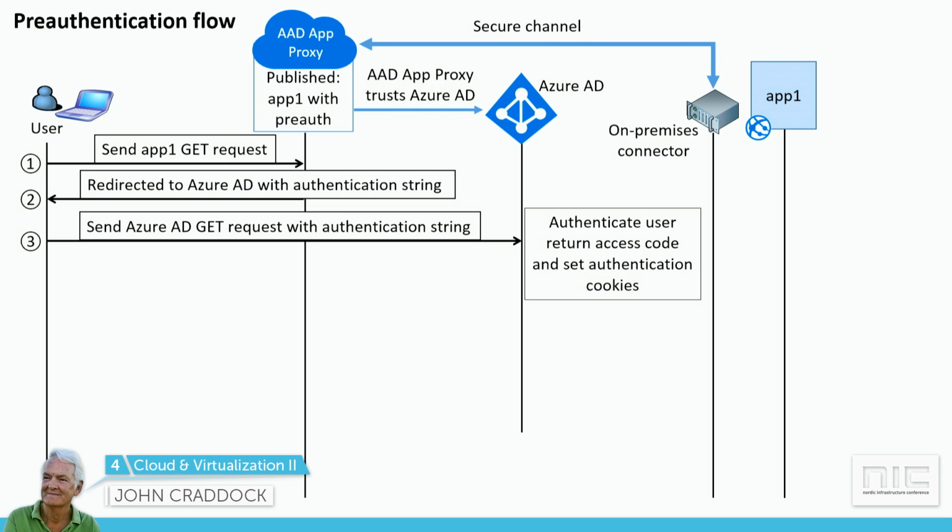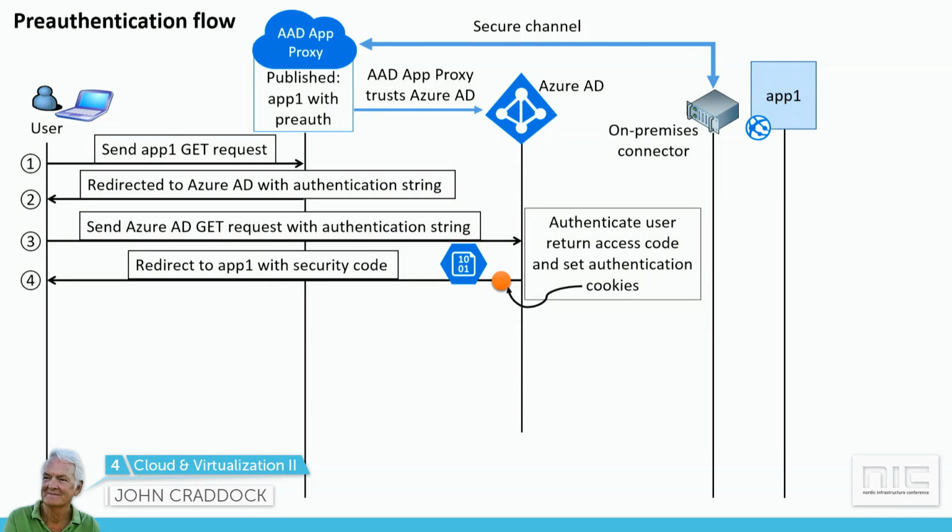And so now we authenticate the user. And what we do is we return an access code. And that access code goes all the way back to the user. Plus, we return a cookie which says this person is authenticated to Azure AD. Okay, so if we ever need to go back to Azure AD to authenticate again, we have a cookie to say we're already authenticated.